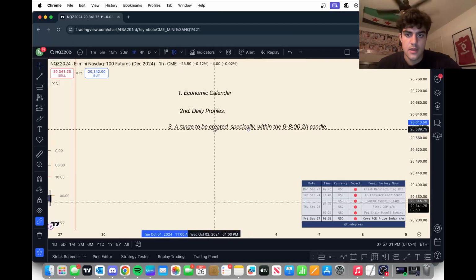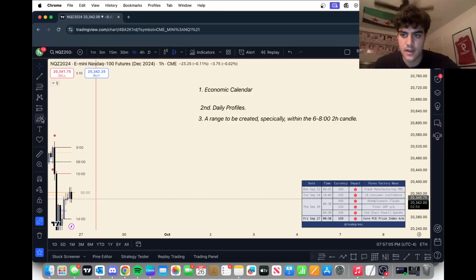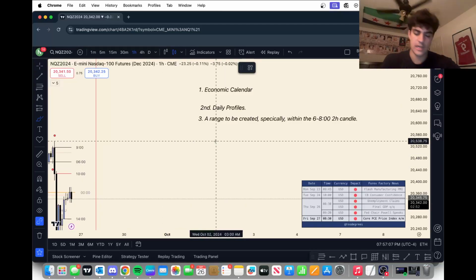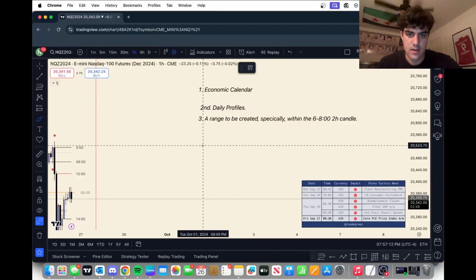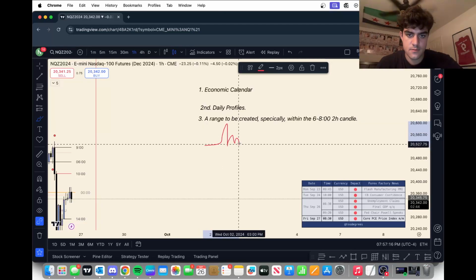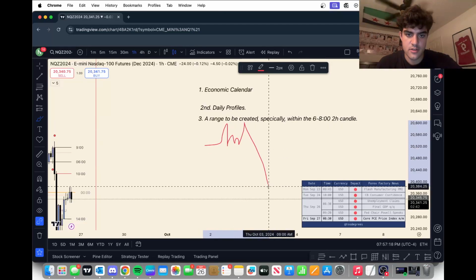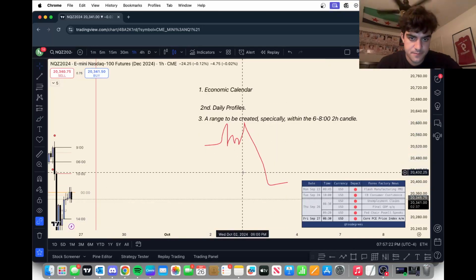So what do I mean by this? I mean, if we visualize the daily candle, or not even a daily candle, so we visualize the 6 a.m. to 10 a.m. 4-hour candle, right? You have your open, you have your accumulation, you have your manipulation, and then you have your distribution, and then you have your close at around 10 o'clock, right?